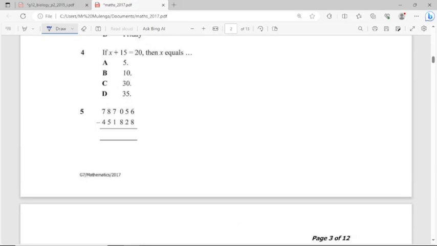Question 4 reads, if x plus 15 is equal to 20, then what is the value of x? So here they're asking you, what number is represented by x that is added to 15 in order to get 20?